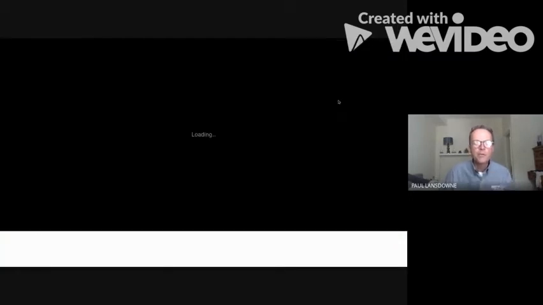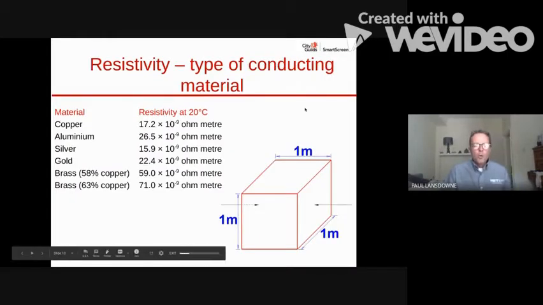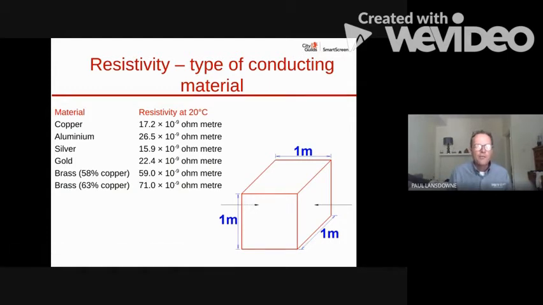So going back to the resistivity. What we find is that every type of material that we use has got a resistivity. For the calculations that we use, you'll find in the regs book there is a list of resistivities, and it's all recorded at 20 degrees.